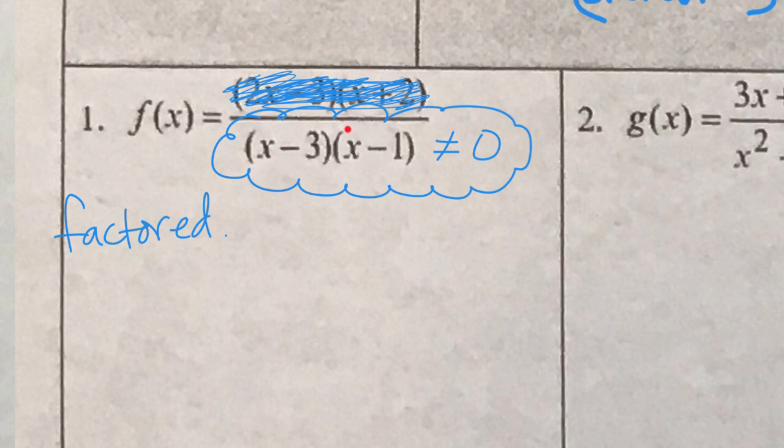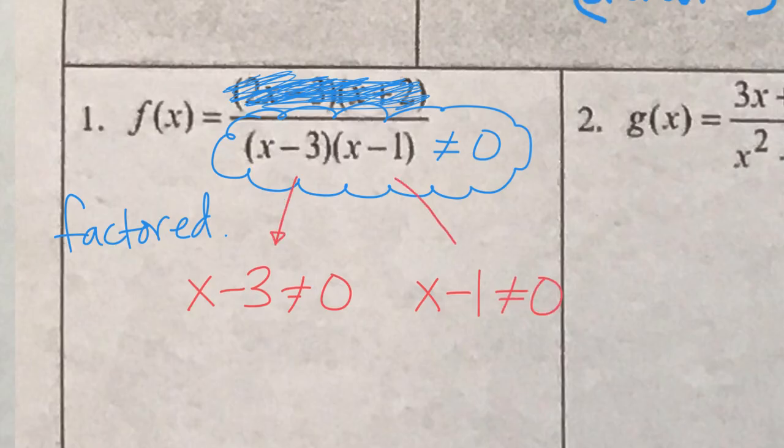So if I'm multiplying two things together and getting 0, that means that either the x minus 3 is going to be 0, or that x minus 1 is 0. So you take each of your factors and you set them equal to 0, just like you would solve a quadratic that's factorable. And we solve each of these individually.